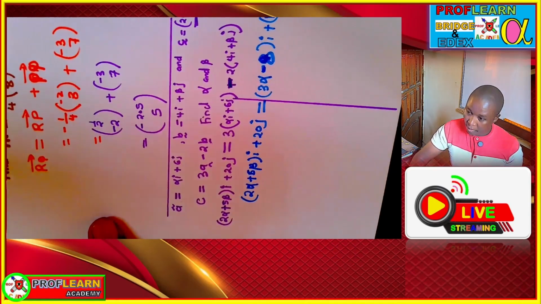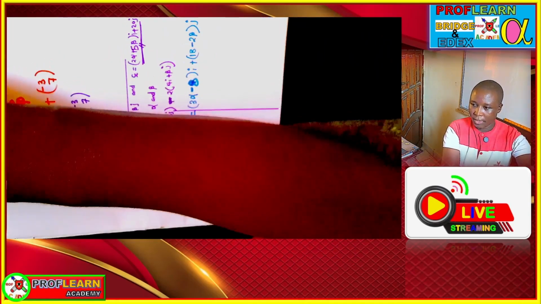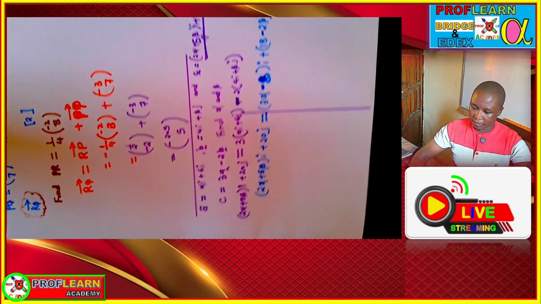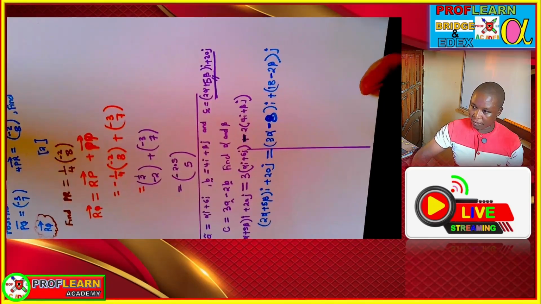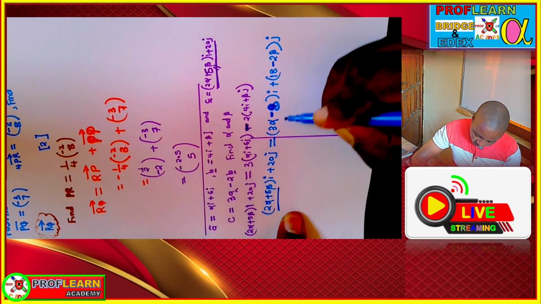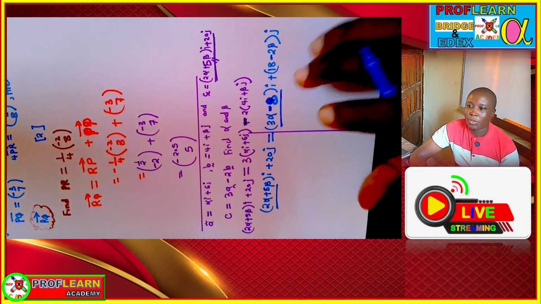So we can be able now to form simultaneous equations, because if you equate the i's together, you can form simultaneous equations. So how are you going to form those simultaneous equations there?